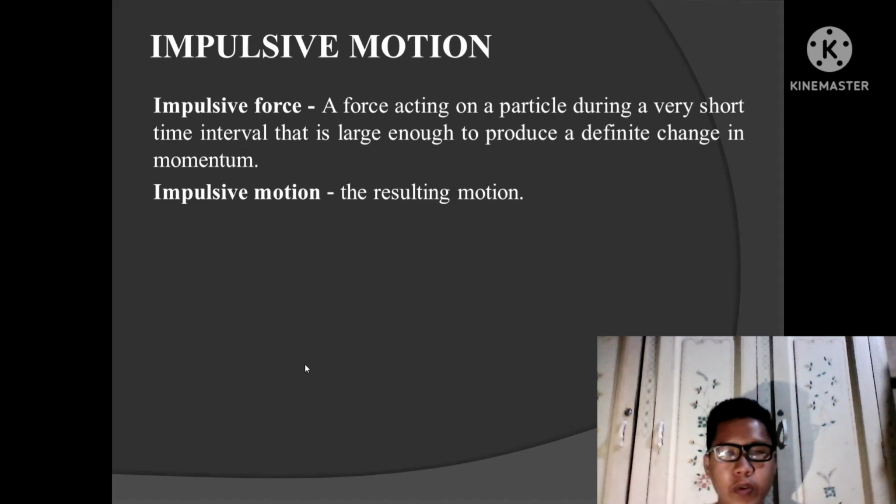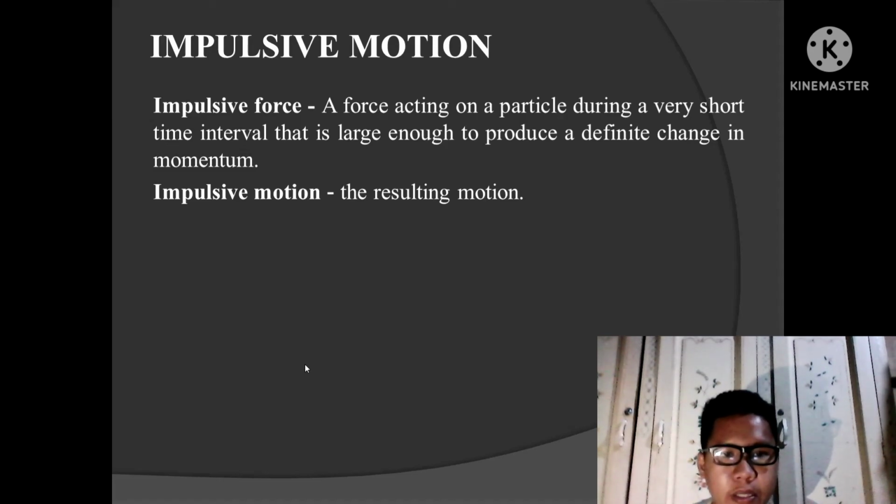When we drop a ball from a certain height, it hits the floor. The force acting on the ball is impulsive because of the hit on the floor, and the momentum developed by the ball suddenly turns to zero since it hits the floor. That's the impulsive force.